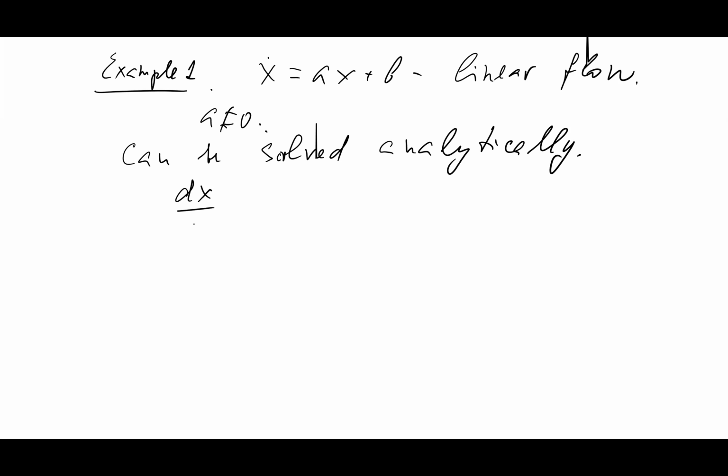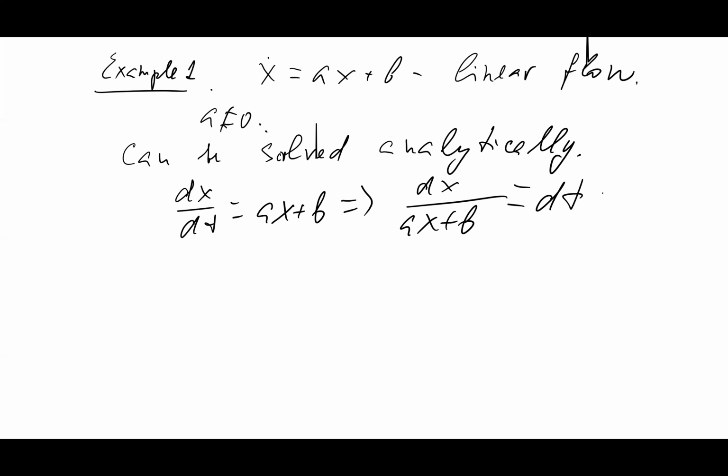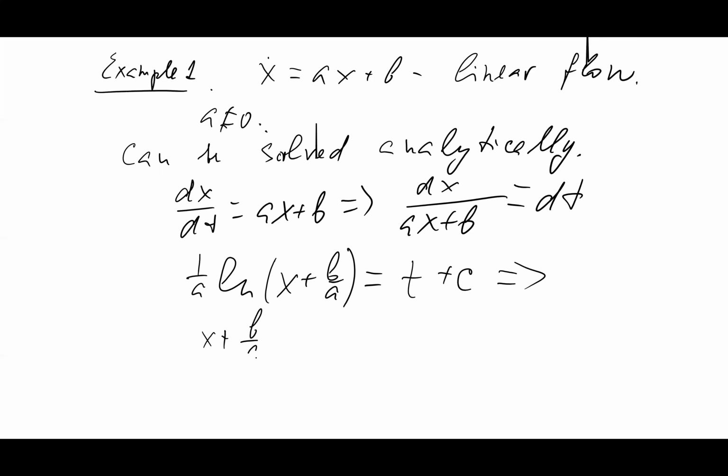So what we have is dx over dt equals ax plus b. Separation of variables: dx over ax plus b equals dt. Then we can integrate it. So this will be 1 over a logarithm of x plus b over a equals t plus a constant. Skipping some steps, x plus b over a will be equal to A times e to the power of a t, where A is an arbitrary constant.